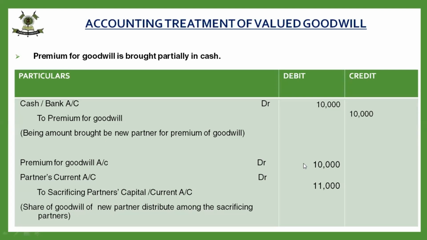Fine. Then I am doing partner's current account debited, whatever amount he's unable to bring in cash or kind. Fine. If he's bringing in kind, that is good enough. But if he's not able to bring it, neither in cash nor in kind, the amount not brought in by the incoming partner will be debited to his current account.